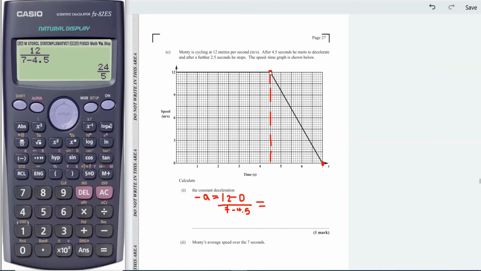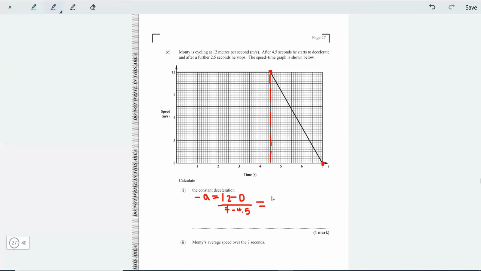It's y2 minus y1 over x2 minus x1; I wrote it the wrong way around. So this is fine: 4.8. The deceleration is 4.8 meters per second squared.